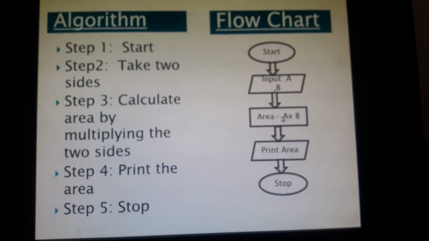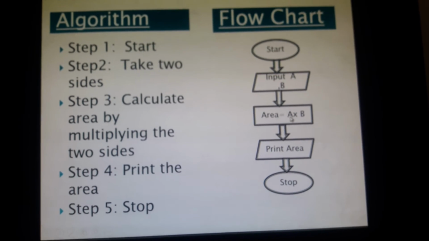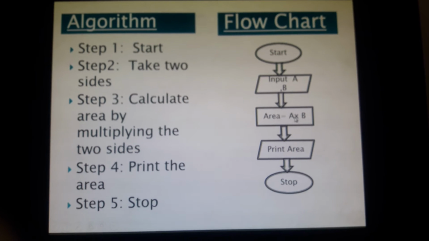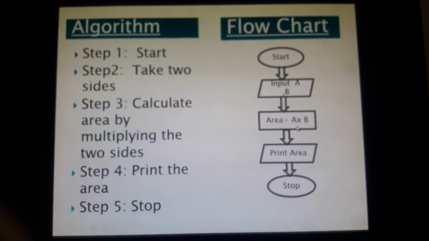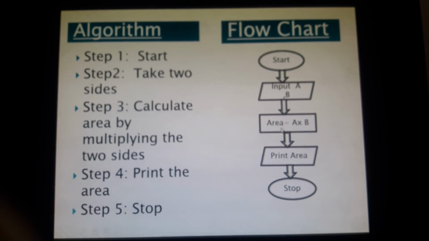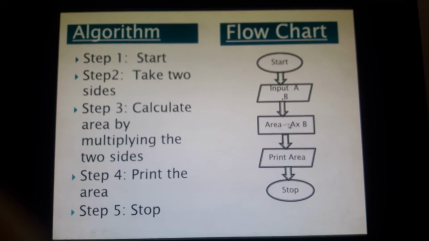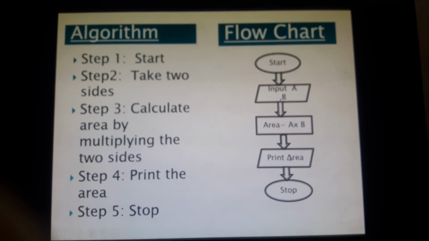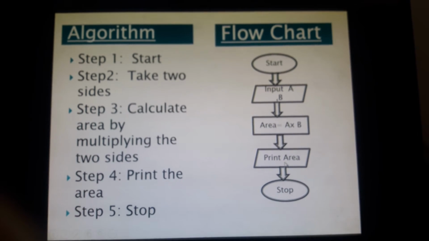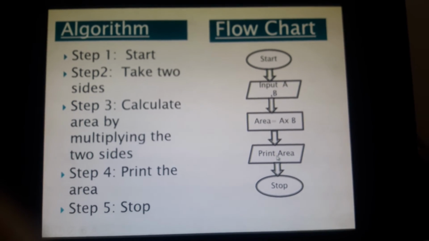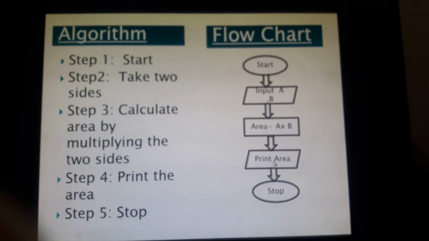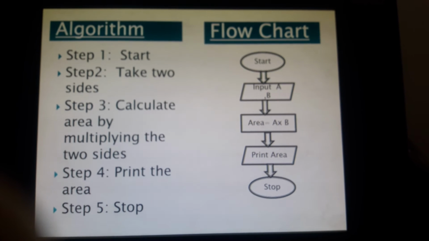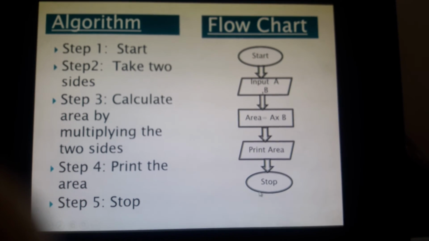Now here we are multiplying A and B, that is processing. We are doing processing here, that is multiply. We are multiplying A and B to find out the area, equal to A into B, and after multiplying these two sides we'll get the result. So we'll print the result in a parallelogram, that is output we are showing here, and at the last we got the result. Now we'll stop it.